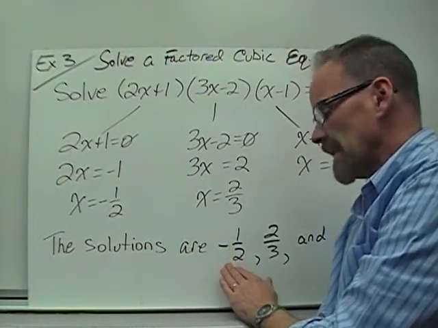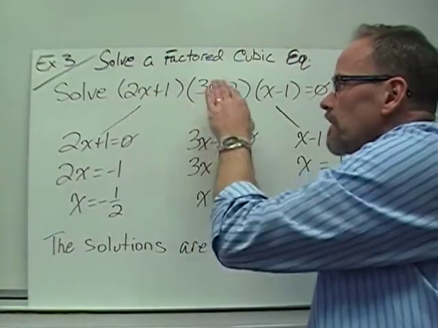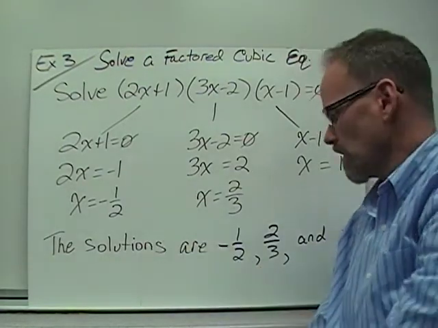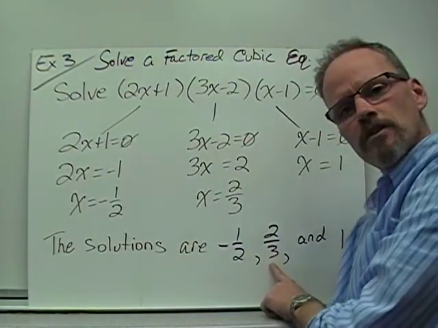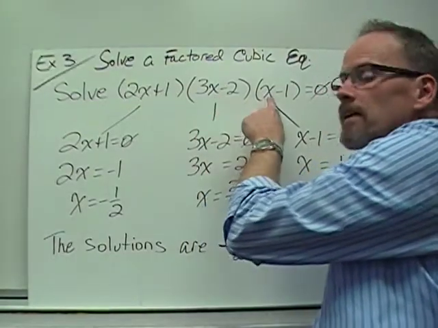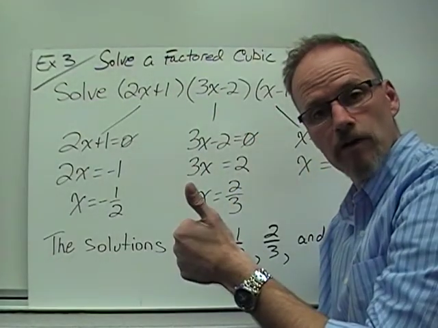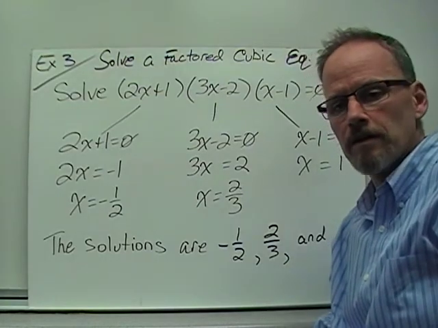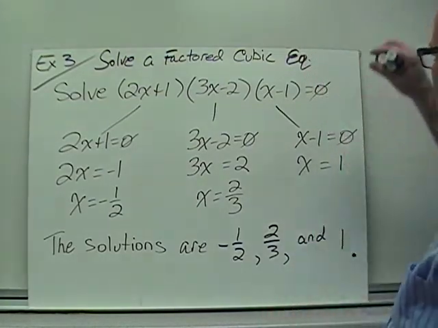I can put -1/2 here, here, and here, and work it out, and it'll be good. Or I can put 2/3 in here, here, and there, and it'll be good. And of course, if I put 1 in there, it will also be good for each one of those.